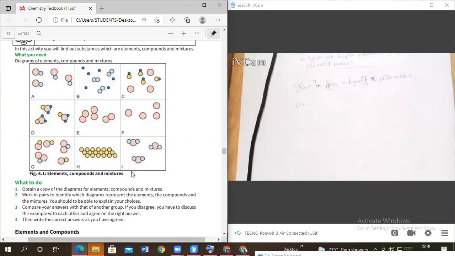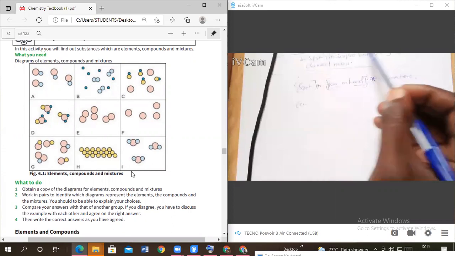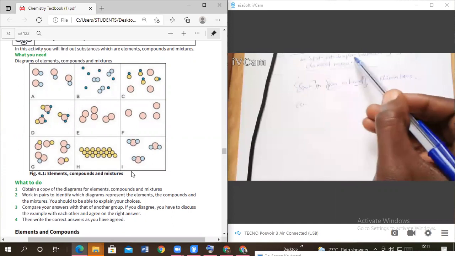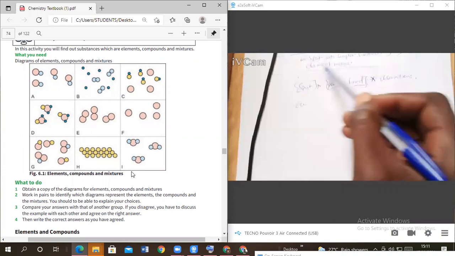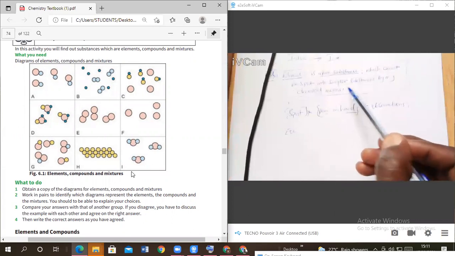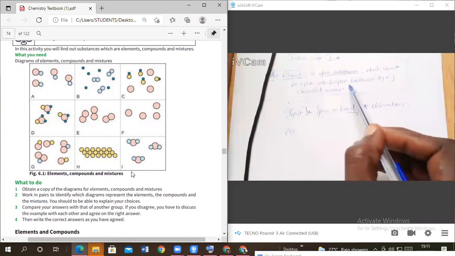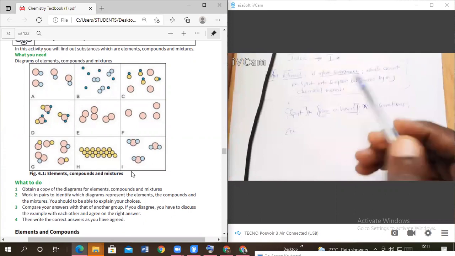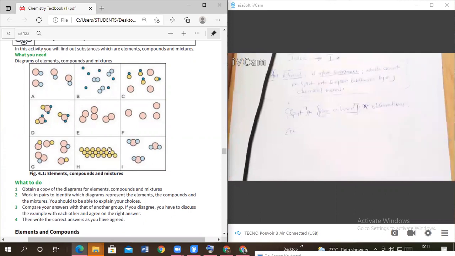So our definition is: an element is a pure substance which cannot be split into simpler substances by any chemical means. If you look at this, these are different things combined together.